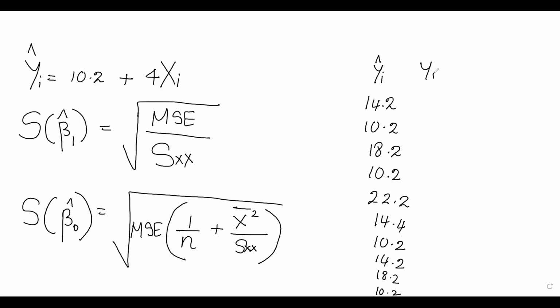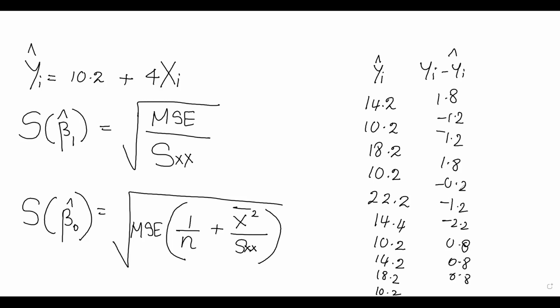Then I got yi minus yi hat. This is 1.8, negative 1.2, that is repeated, 1.8, negative 0.2. Sorry about the alignment, it's hard to write straight away. 2.2, 0.8.